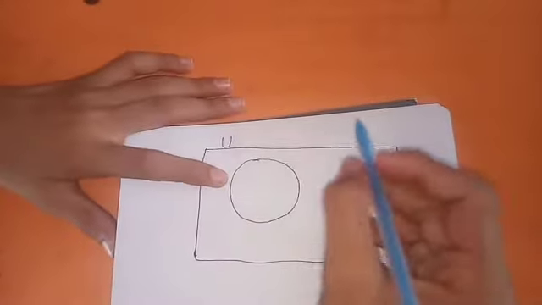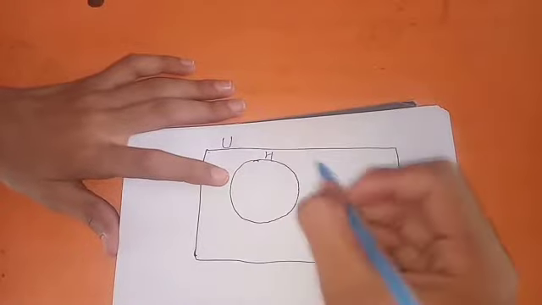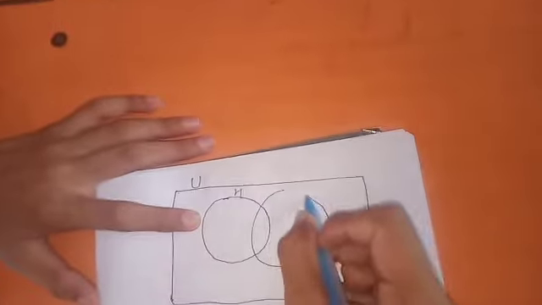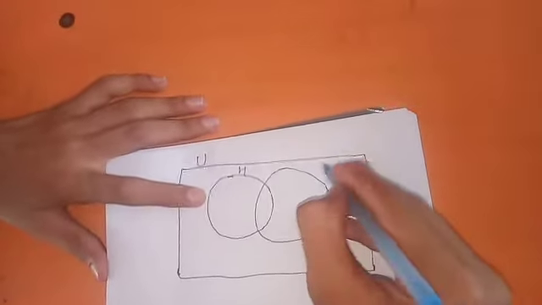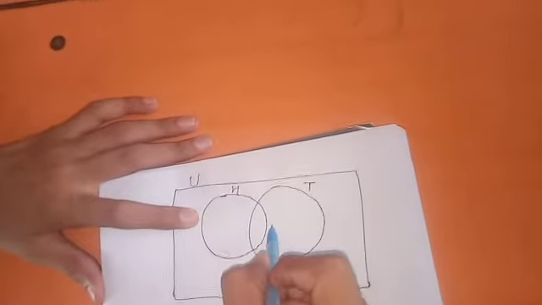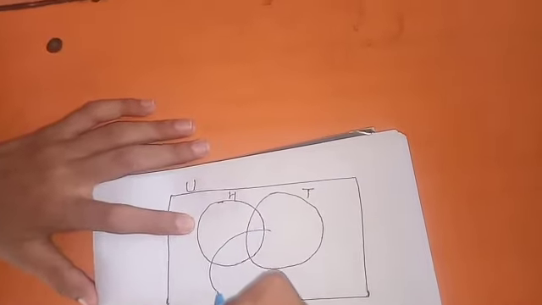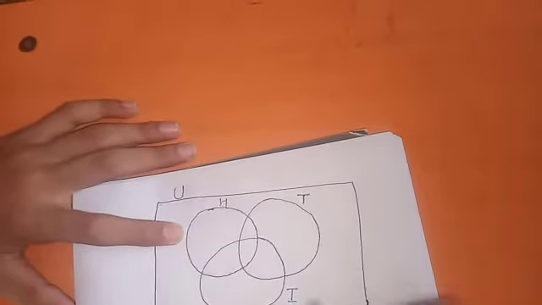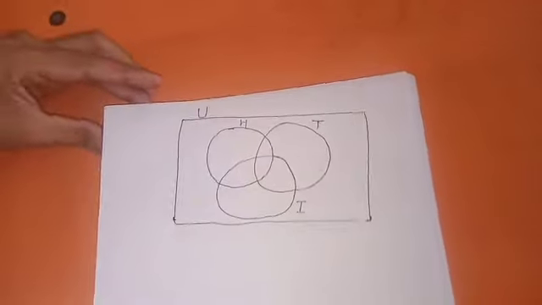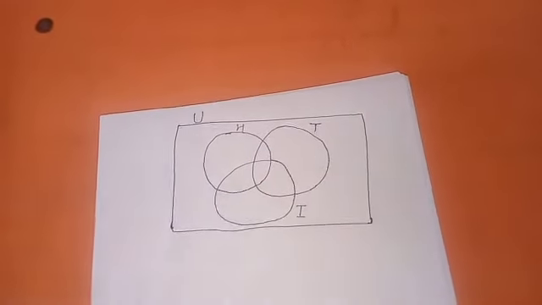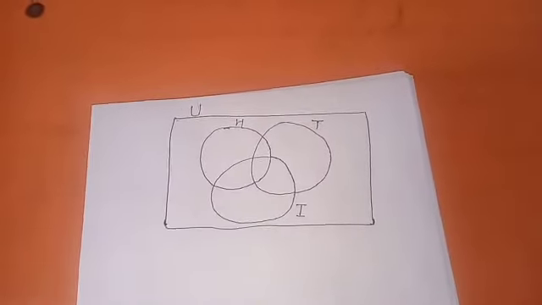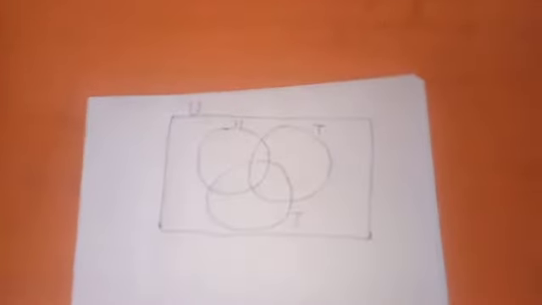It is the set of people who read newspaper H. It is the set of people who read newspaper T. And it is the set of people who read newspaper I. Okay. Now this question can be solved using a Venn diagram only, just directly. Okay, we do not have to use any formula. So we will write all the given information provided to us.